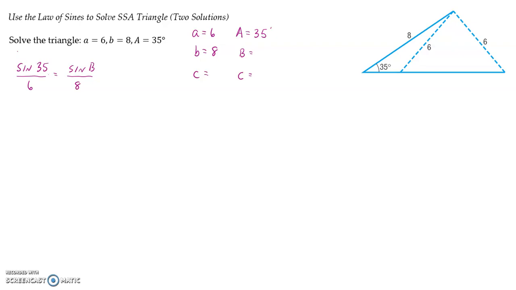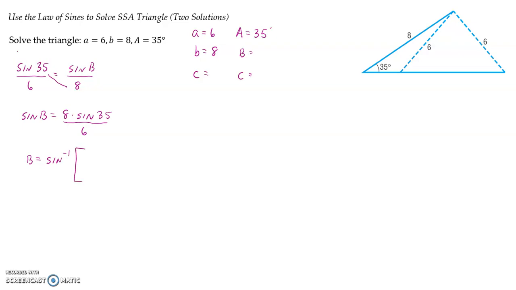And let's go ahead and cross multiply. So we've got 8 times sine of 35, and we're going to go ahead and divide that by 6. Right, and keep in mind we're solving for B, so we're going to have to take inverse sine of both sides.